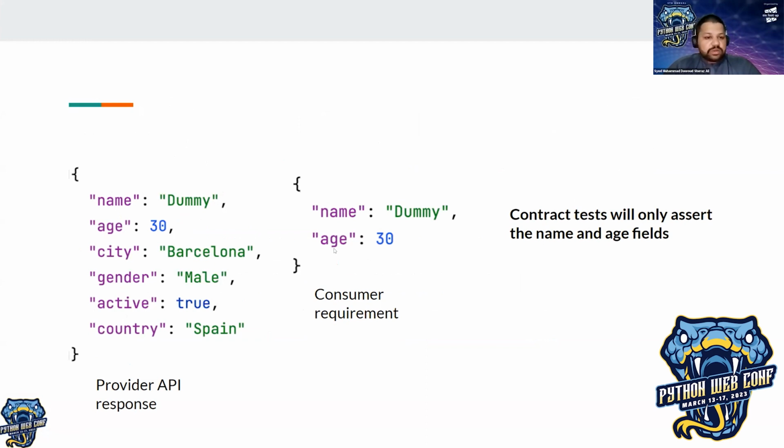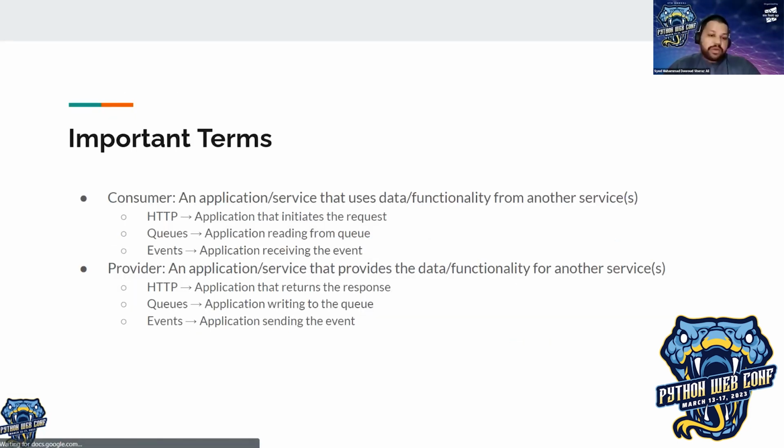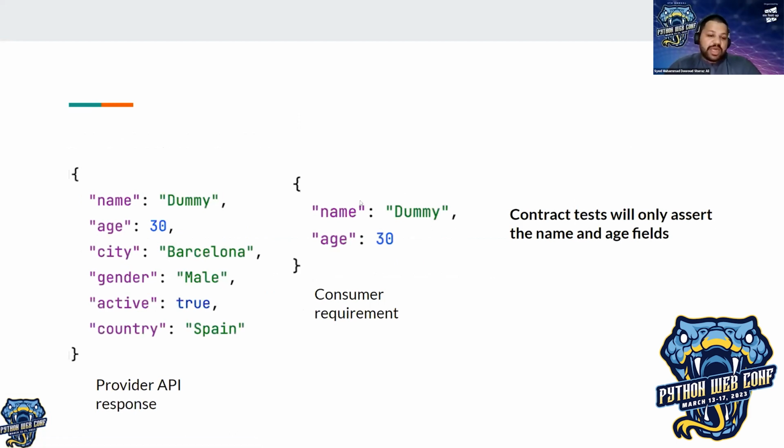So an interaction is composed of two things: the request that is made by the consumer and the minimal expected response by the provider that contains the data that the consumer needs. In terms of interaction, it will register that if I hit the provider's account API, I expect name and age fields to be there. That will be documented in an interaction.